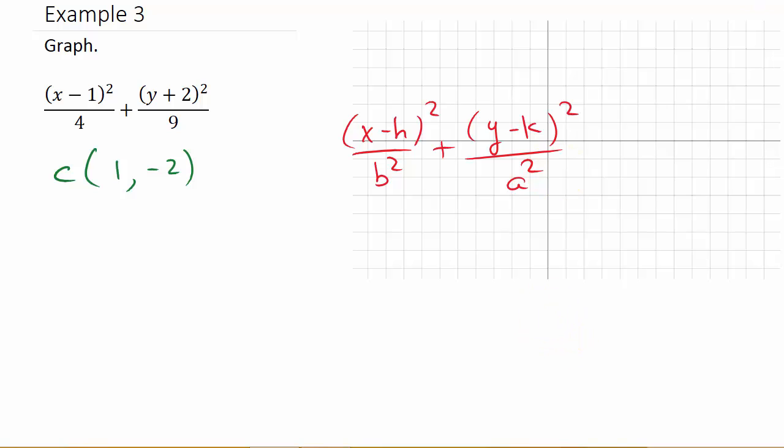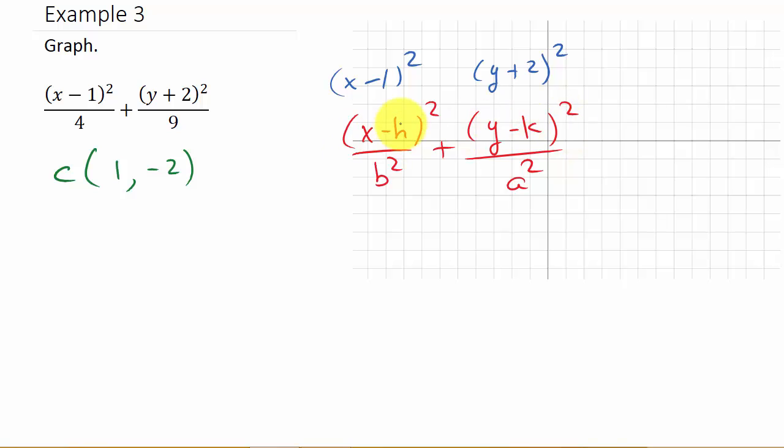All right. So see, this is positive 1 and this is negative 2, because see, our equation is in this form here, x minus h. And see what we have is x minus 1 squared and y plus 2 squared.